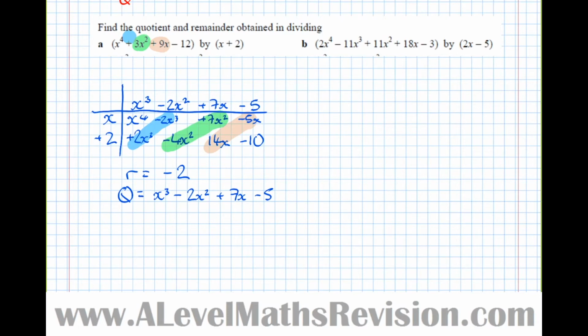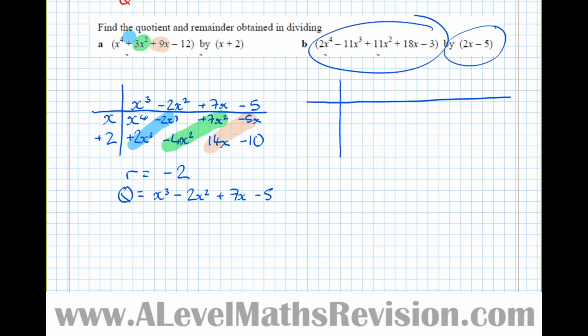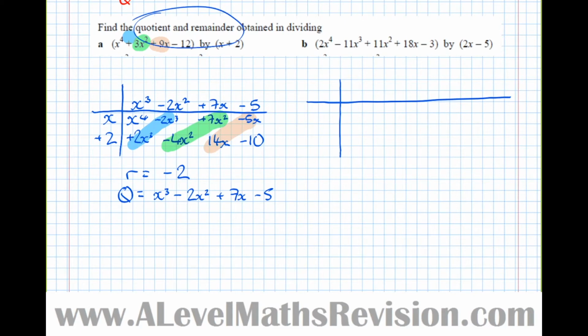So let's do another one. Let's do this one here. So again, we've got that to divide by 2x minus 5. And it's asked us to state the quotient and remainder. So what do we have to times by 2x minus 5 to get that? So 2x to the 4 is our answer, goes there.